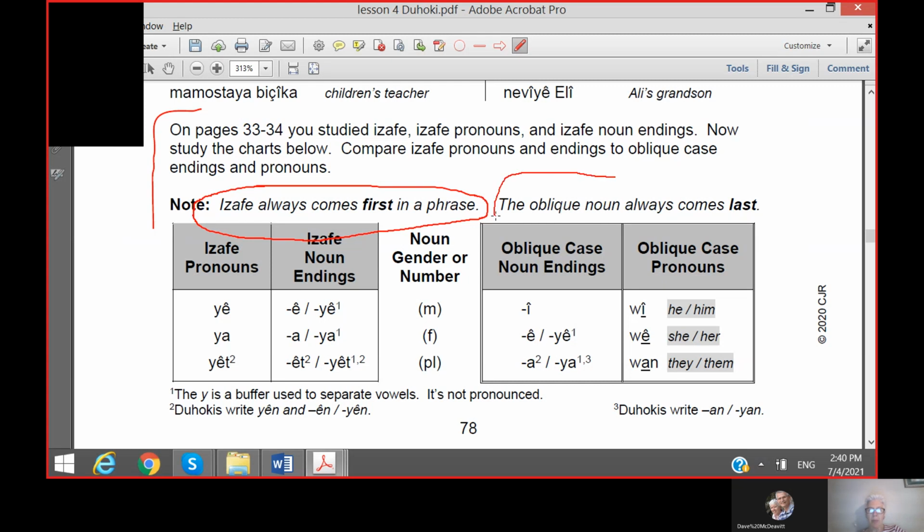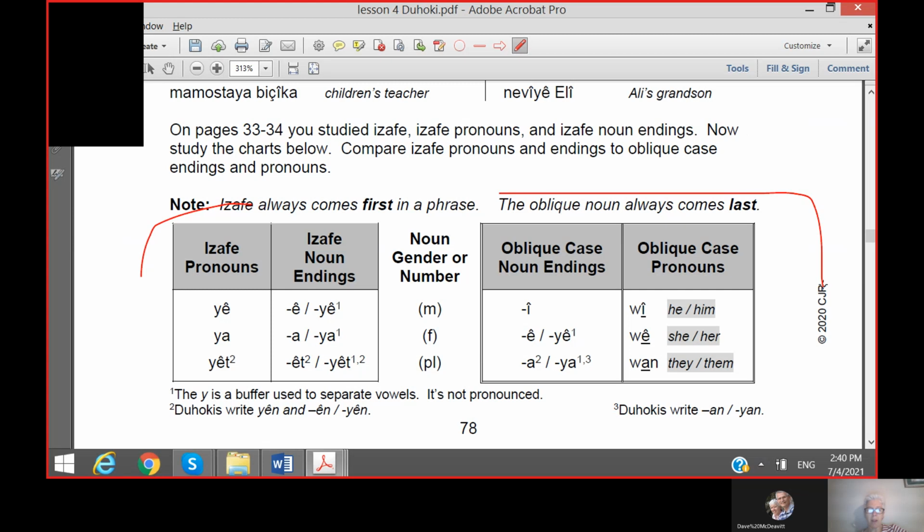The oblique noun or pronoun always comes last. You can even copy this, paste it on a piece of cardboard or something, and put it on your desk so that you can remember that order. So izafe comes first, and then oblique.